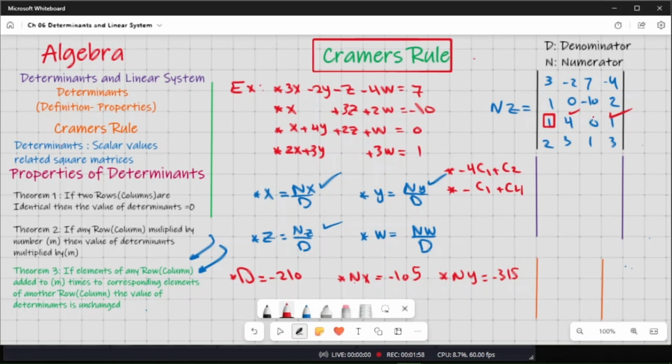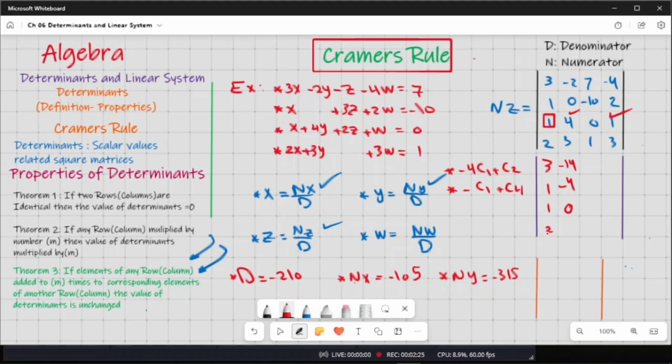Okay, and no need for any operation in this column. Third one, we have here 3, 1, 1, 2. Here we have 3 into -4 minus 2, so we have here negative 14. Here we have 1 into negative 4, so we have here negative 4.